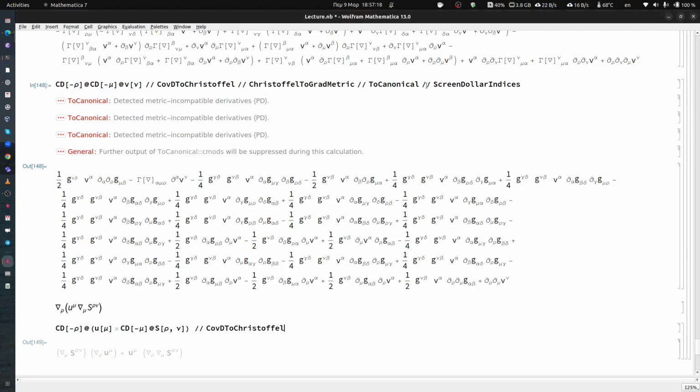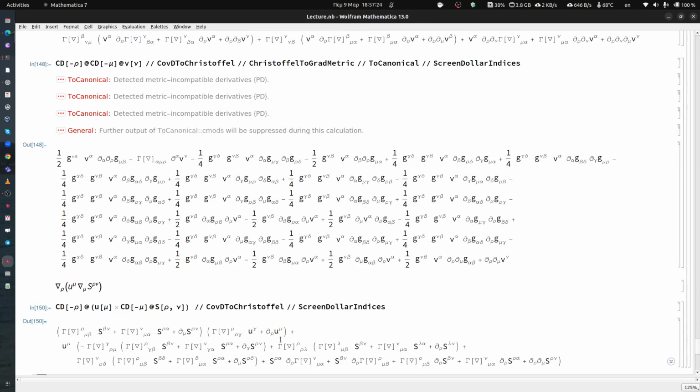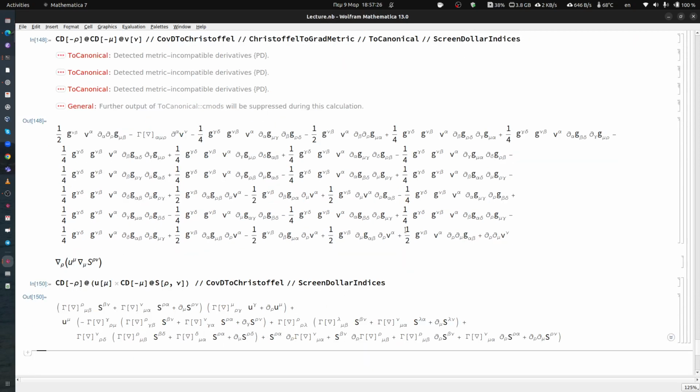Then we can put Christoffel symbols in the expression. And, well, I don't know if you want to do that, but you can.